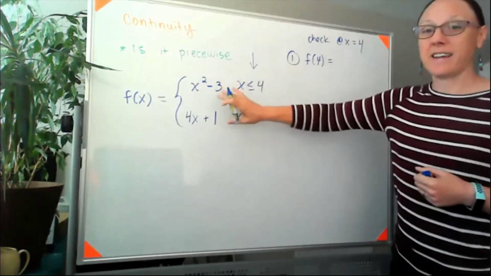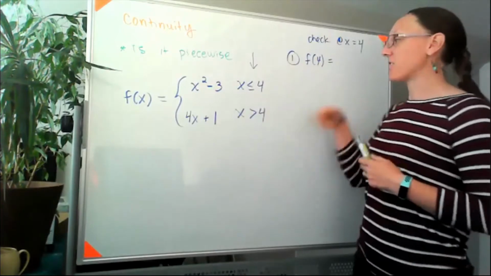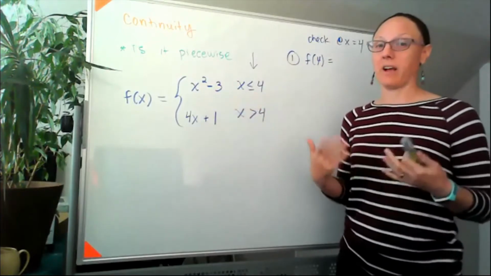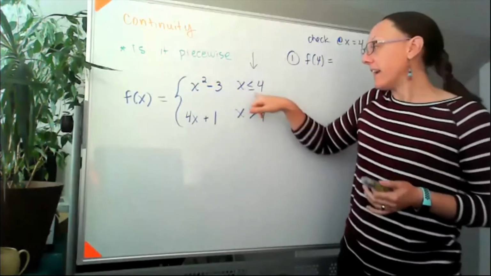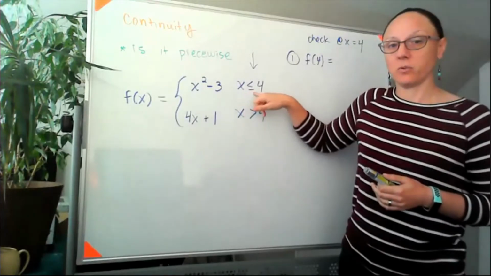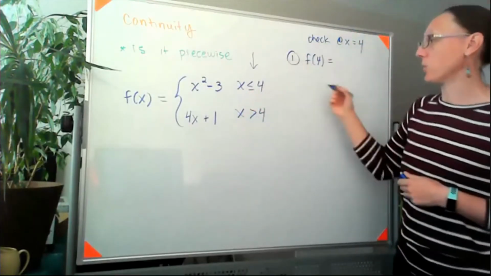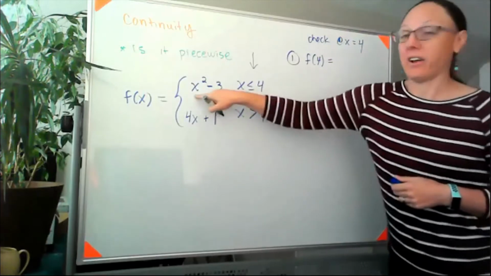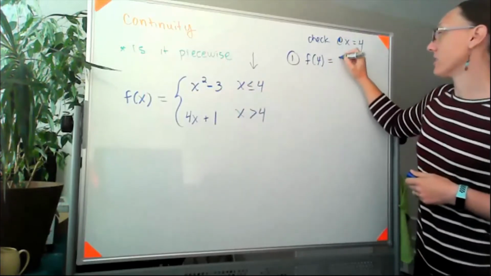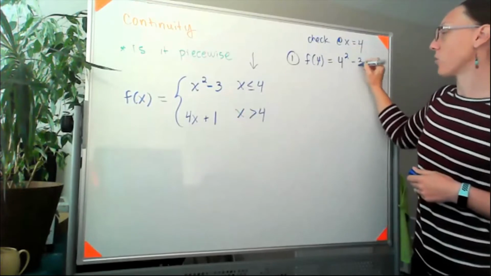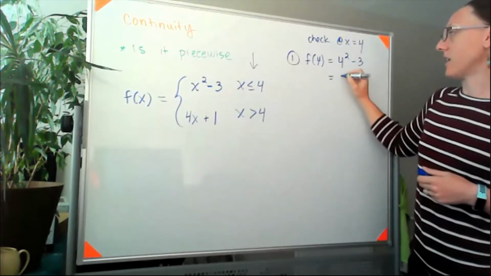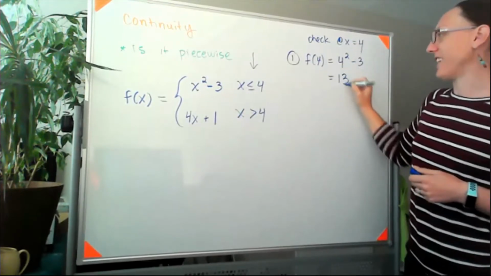Well, in this context, what that means is there somewhere where we are allowed to plug in the 4? And there is, because of that or equal to. So f of 4 is equal to plugging the 4 into that top function. So 4 squared minus 3, that's 16, minus 3, I get 13.